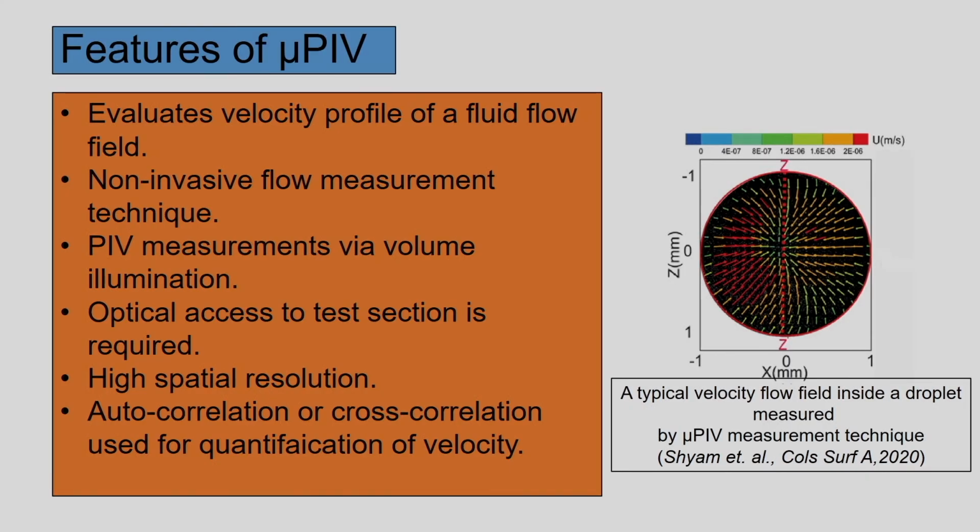So, micro PIV analysis can be used to quantify as well as to provide the qualitative measurement of the flow field. As I said, this is a non-invasive flow measurement technique. Following this technique, we do not need to disturb the flow field except for the incorporation of a few seeding particles.